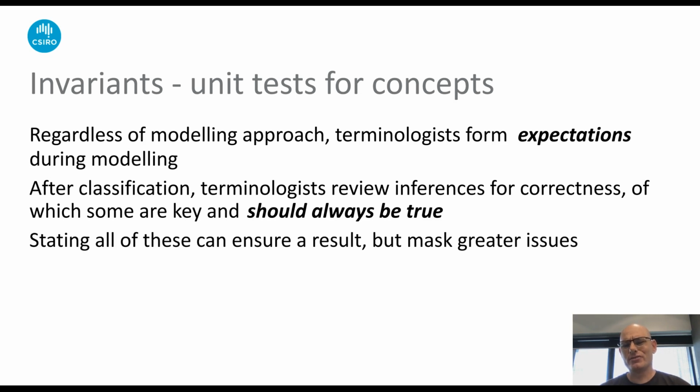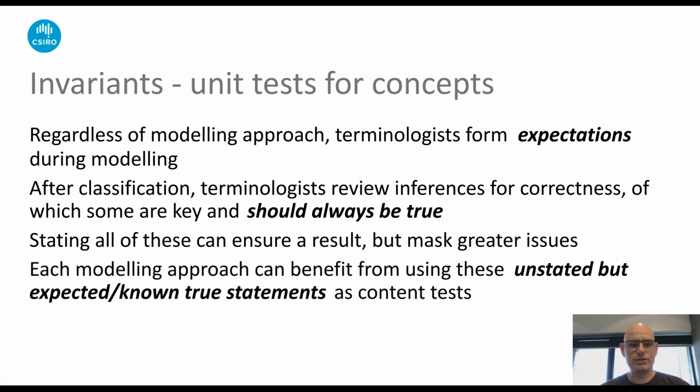So stating all of these things, you can only make positive statements, you can't make negative statements that this thing that's been inferred isn't true and should never be true. But if you try and state all that, you can end up masking all of those additional problems.